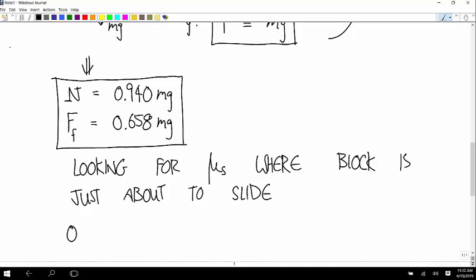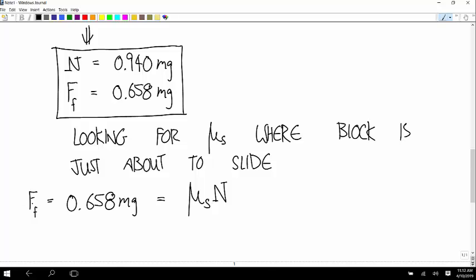So our force of friction is 0.658 mg, and that's equal to mu sub s times the normal force. We know those are equal if it's right about to slide.